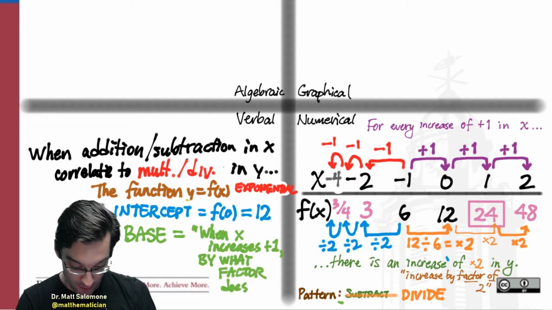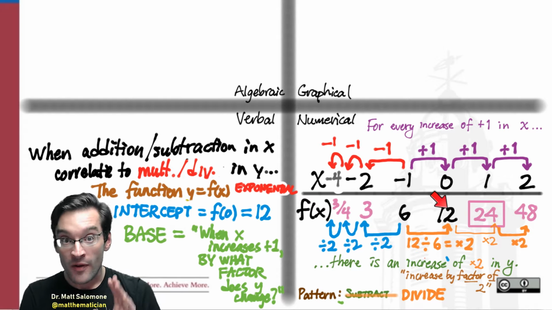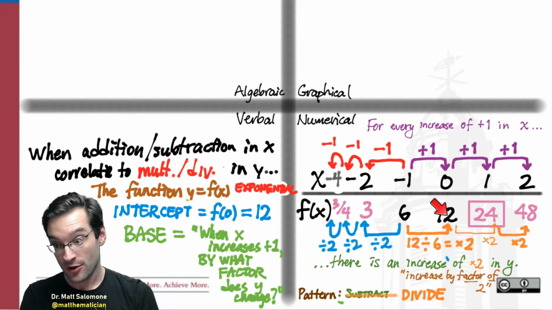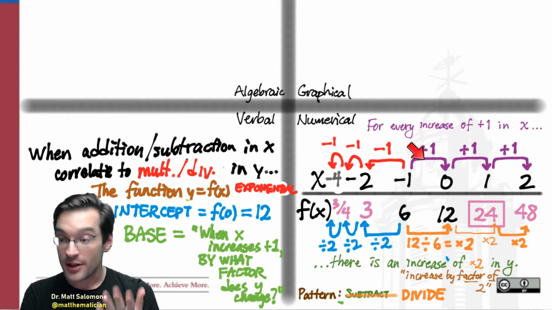The answer to that question is called the base of our exponential function. And so just from the data table that we're looking at right here, we've actually already answered that question. It's sort of staring at us in the face. Because my data points, -2, -1, 0, 1, 2, the x values are already separated by +1s. +1, +1, +1. And so we can directly read off the base of our exponential equation as the factor by which y is being multiplied every time x is increased by 1.